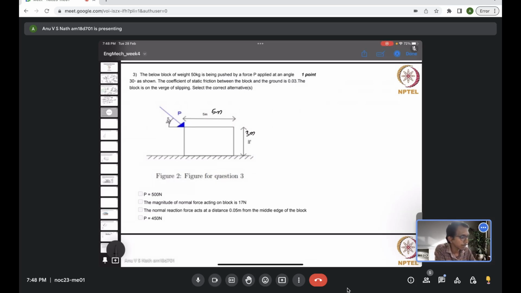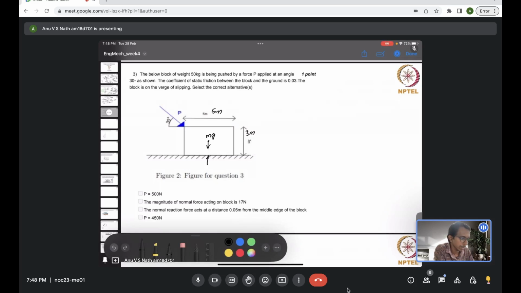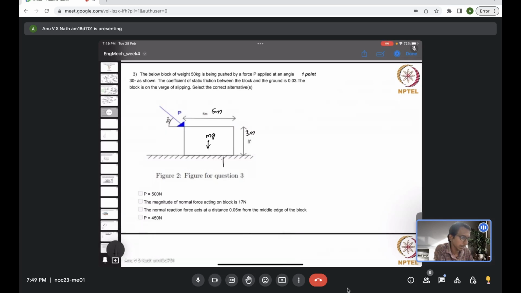As I mentioned, we just need to draw all the forces acting on the body. It has some mass, 50 kilogram, so the mg will act vertically down through the centroid. The normal reaction usually we would draw like this, passing through the centroid. But as I mentioned earlier, it should now be offset by some distance.